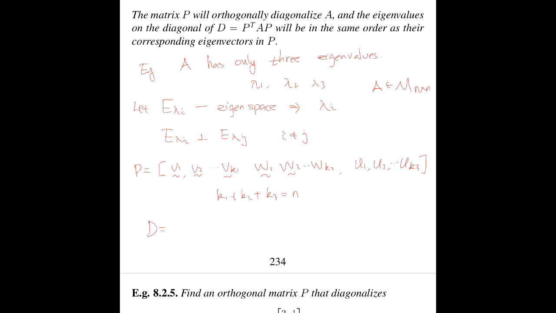Then how do we write down D? D is a diagonal matrix, and the diagonal entries are the eigenvalues of A. But we have to order them: it's lambda 1 repeated K1 times, then lambda 2 repeated K2 times, then lambda 3 repeated K3 times.